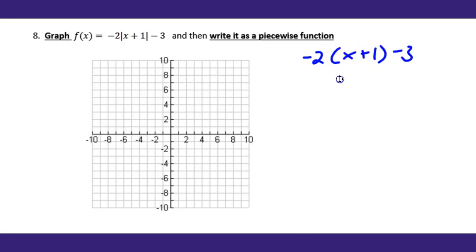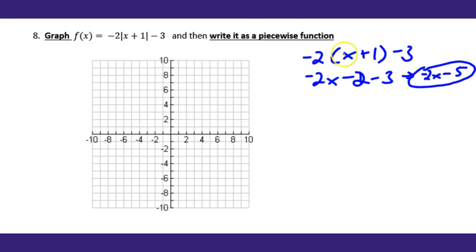When we do that, we need to distribute the negative 2, so that's negative 2x minus 2 minus 3. When you simplify that, you get negative 2x minus 5. So there's one equation. Next, we need to solve this without the negative right here.